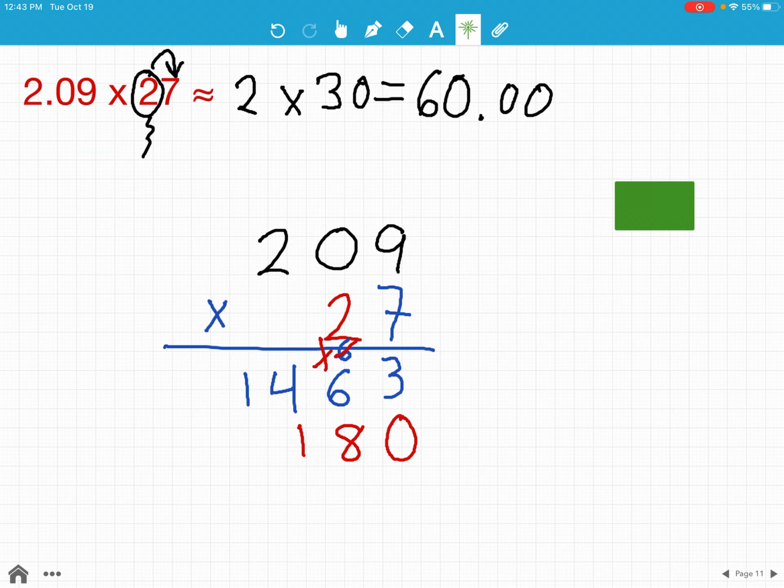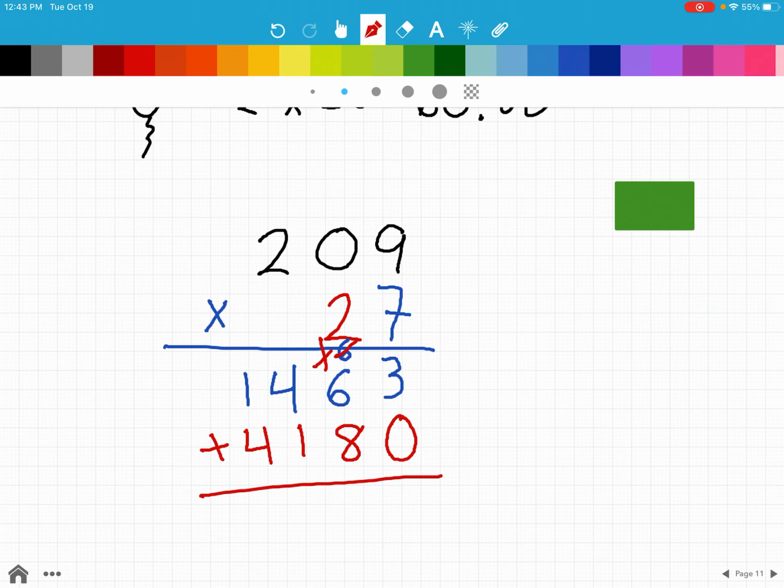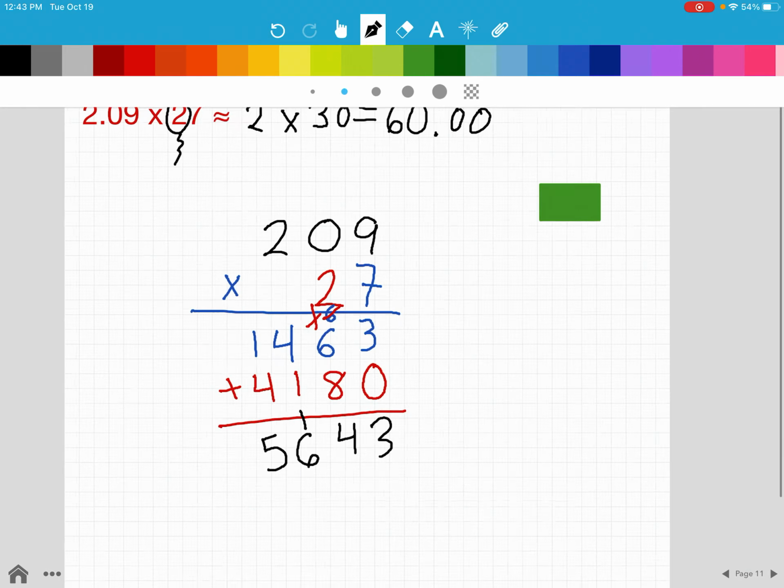Then I have 2 times 2, which gives me 4. Add those together. 6 plus 8 is 14. 4 plus 1 is 6, and then 4 plus 1 is 5.